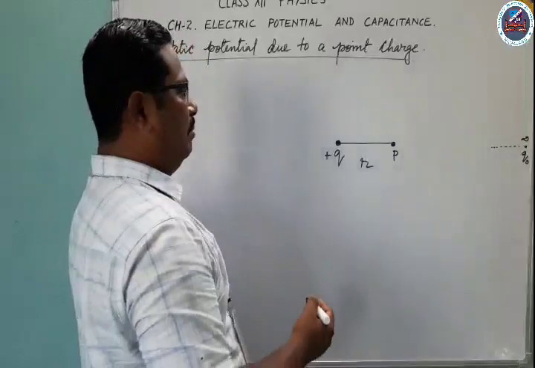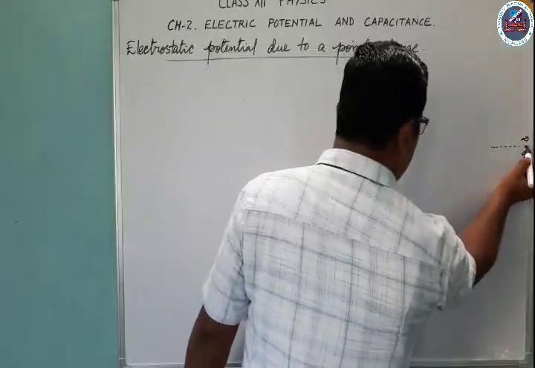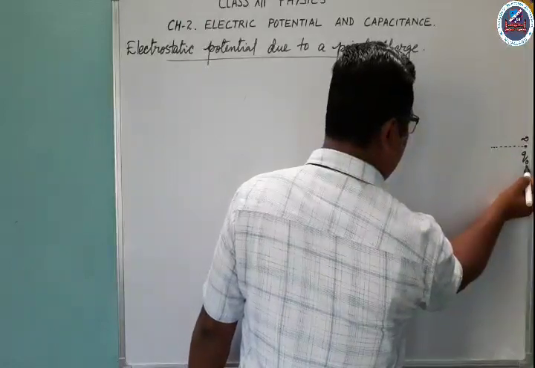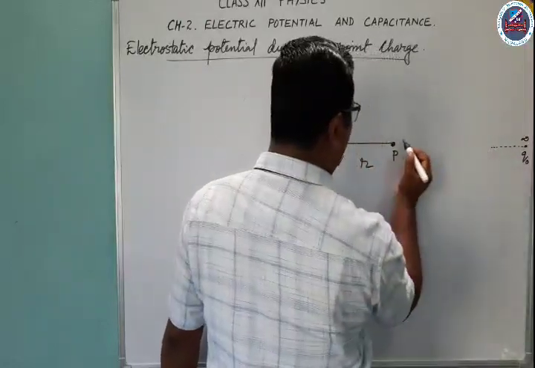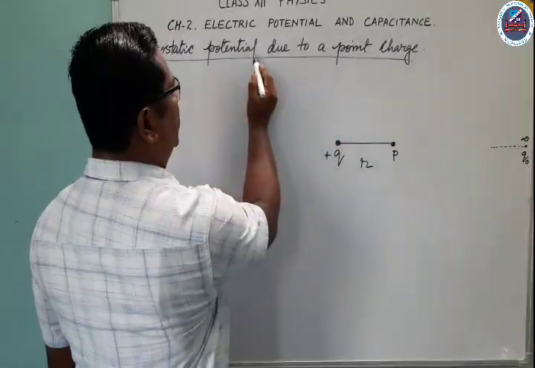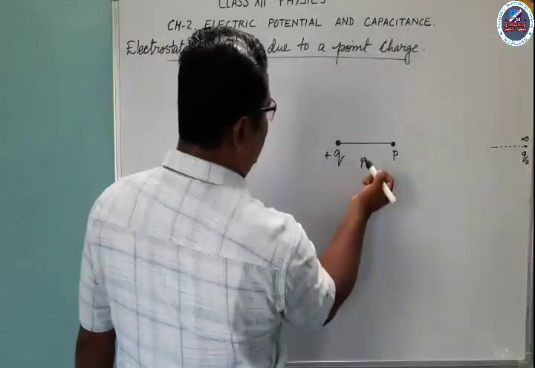Now the amount of work that is done from infinity to bring this unit test charge up to this point P will give us the measurement of electrostatic potential at a point.